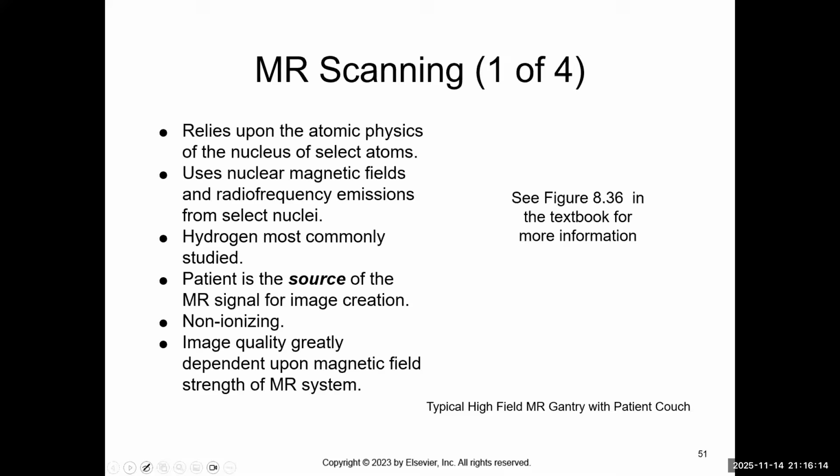The radio waves, or radio frequencies, send pulses into the body. As those pulses are sent in, the hydrogen atoms absorb that energy and release it back, and that released energy becomes the MRI signal. So the patient actually creates the signal, or is the source of the image.